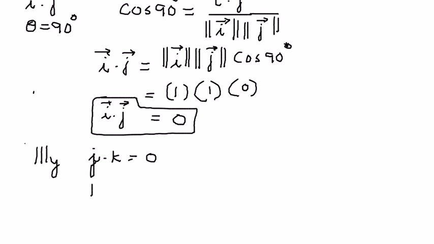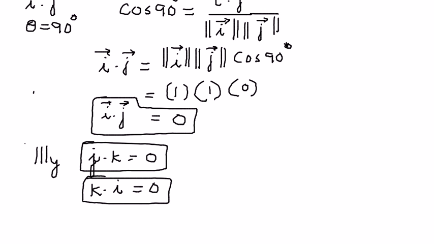Vector K dot vector I is going to be equal to 0. So these are the properties of vector operations in 3 dimensions, and these are some important properties which, if we keep them in mind and utilize them, we should be able to solve these example problems in a much easier manner.